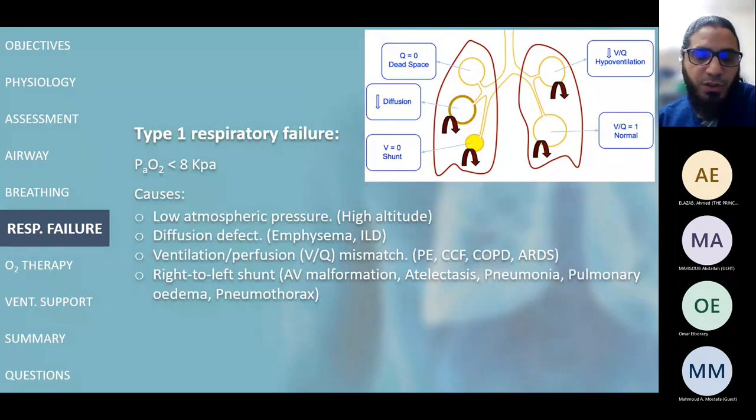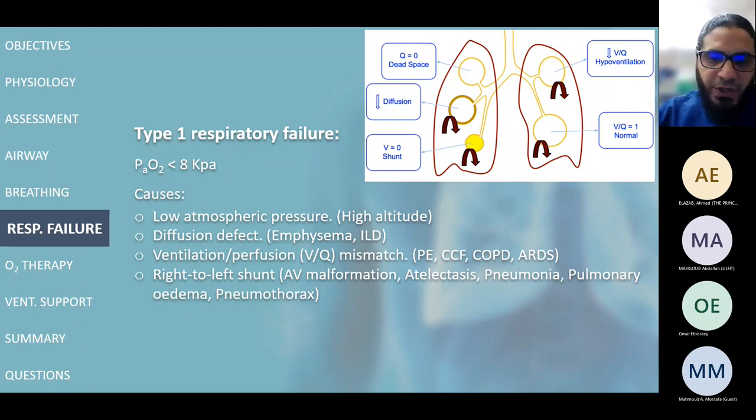Type 1 is mainly due to affected oxygenation, so the oxygen is not getting into the blood. When you measure it by a blood gas, you will find a partial pressure of oxygen of less than 8 kilopascals or 60 millimeters of mercury.